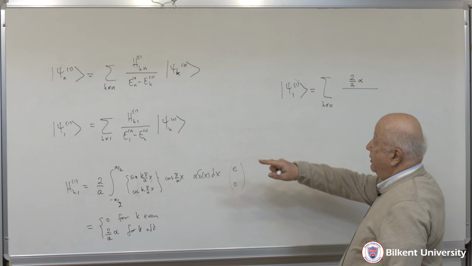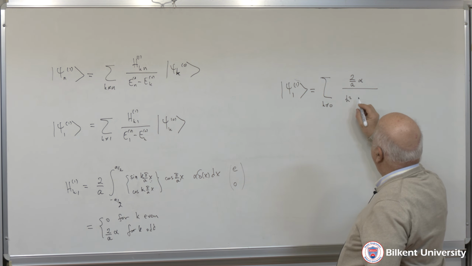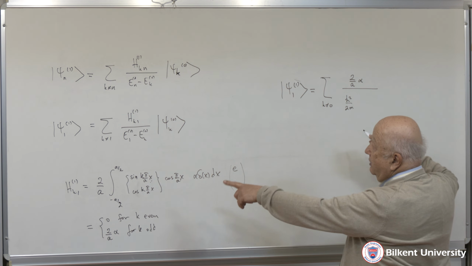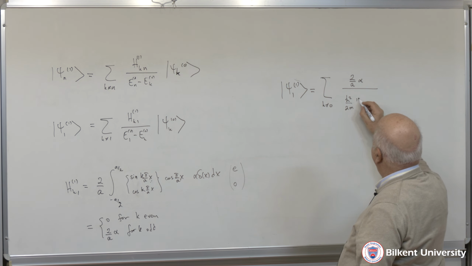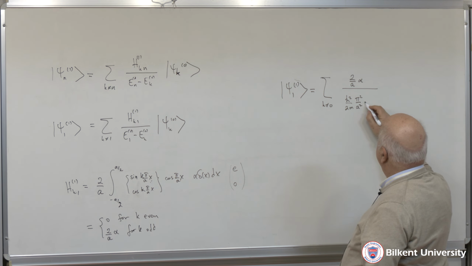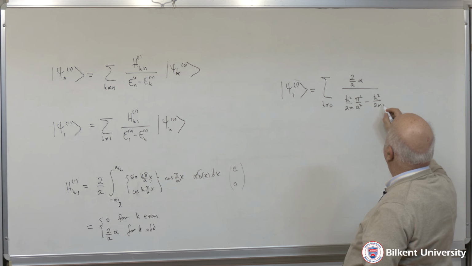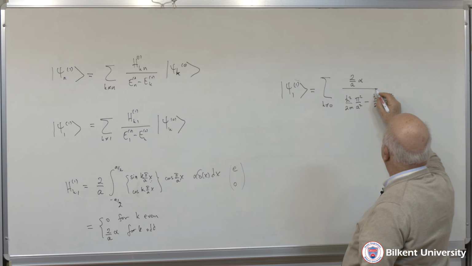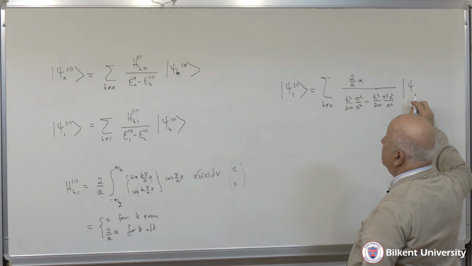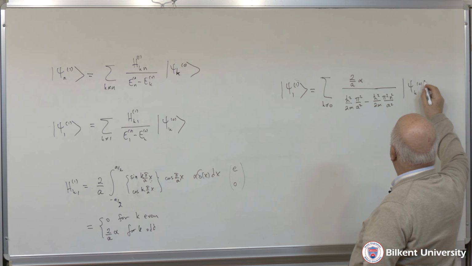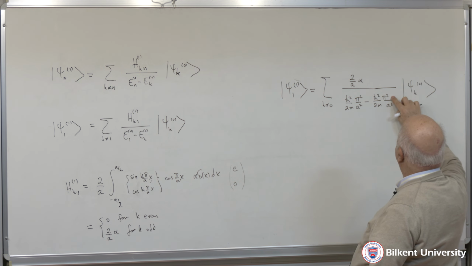In the denominator, I'm going to get h bar squared over 2m, pi squared over a squared, minus Ek, which is going to be h bar squared over 2m, pi squared k squared over a squared, psi k0. K squared, thank you.